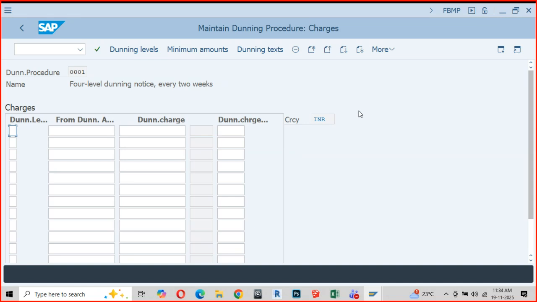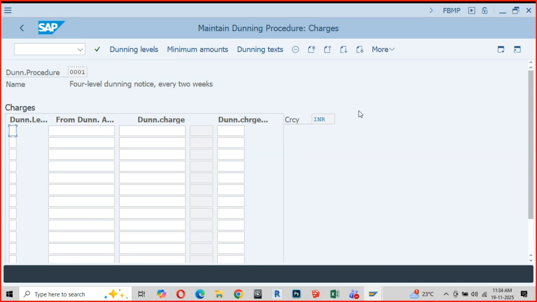So you might incur some expenses which you want to load on your customer. So these are your charges. For the first level, I might incur charges of say 50 rupees, for postage and my time and all the clerical job. And for the second level, I may incur 100 rupees. So like that, I can set it. It is my experience.